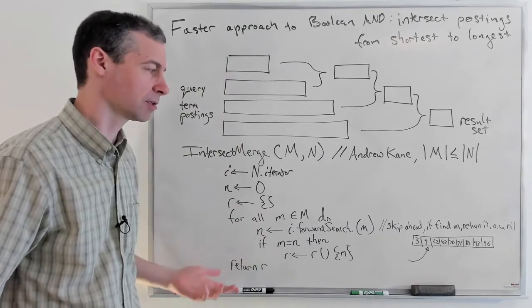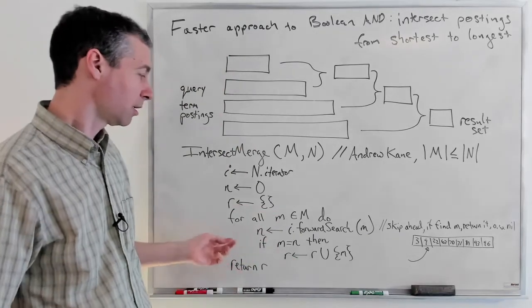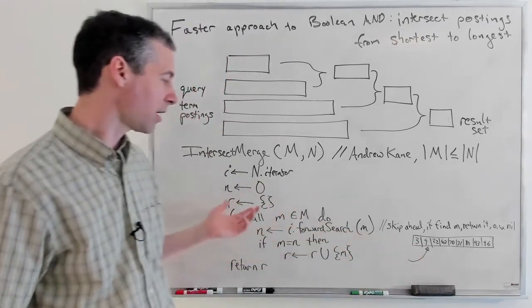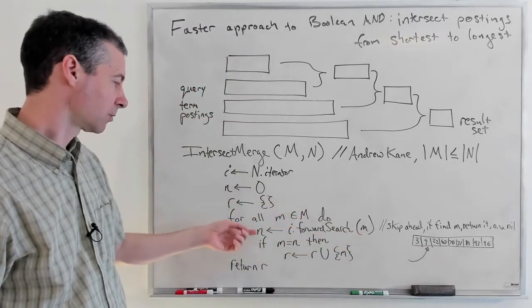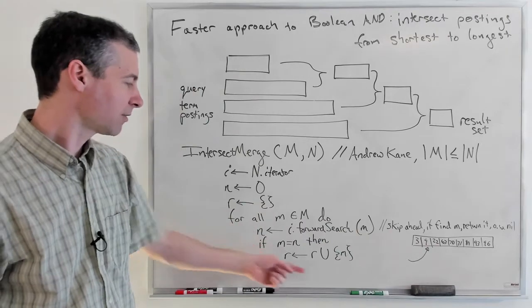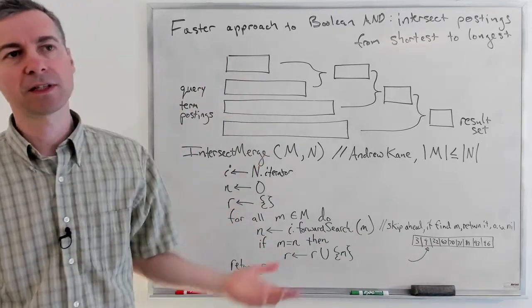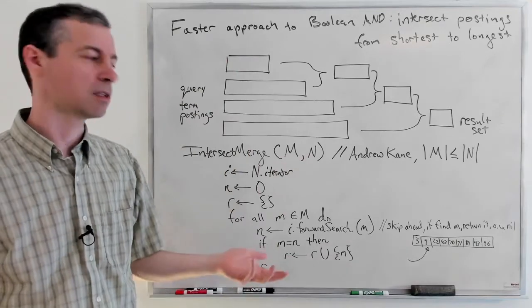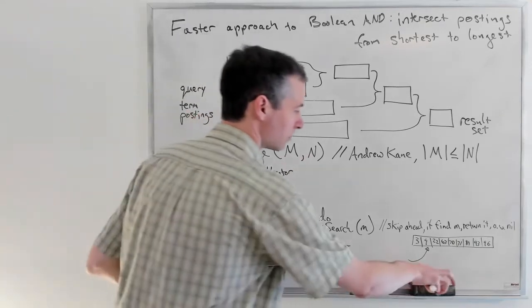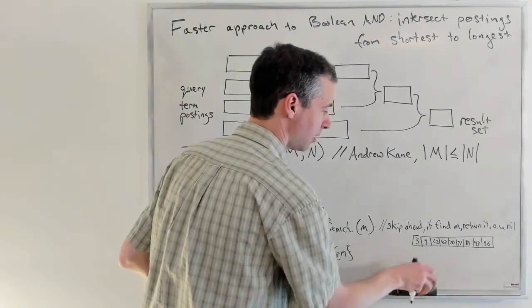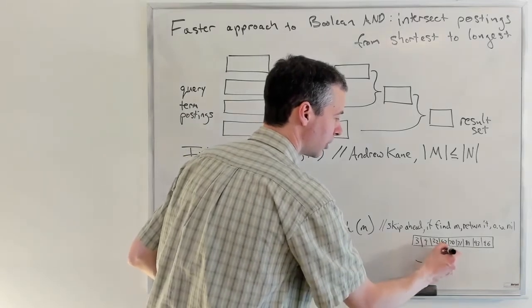We'll take the next thing, and maybe the next thing is a 9. And we check, we've got it. Nothing to do, we return the 9. We have a 9, so we add it to the result set. Then maybe the next thing is 60. This iterator races on ahead until it hits the 63.